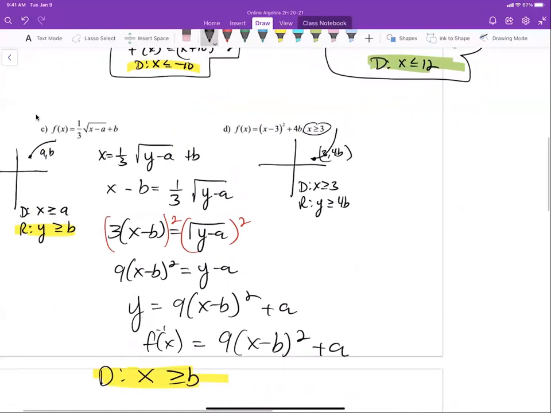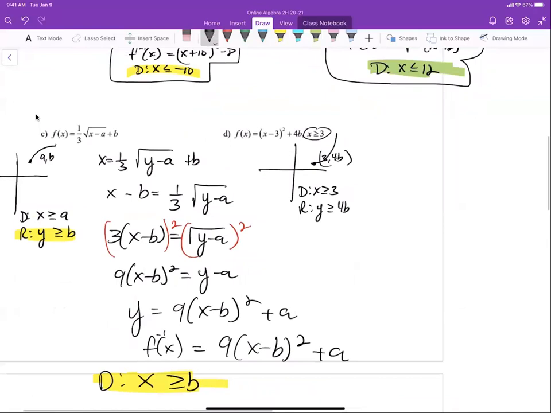Now I have to solve for my inverse function, which is y minus 3 squared plus 4b is equal to x. Solve for y. So x minus 4b is equal to y minus 3 squared. I have to take the square root of both sides.